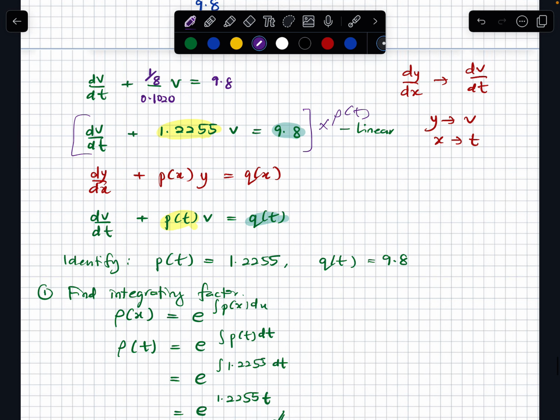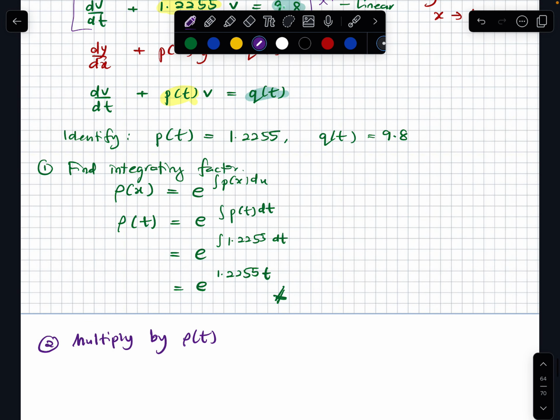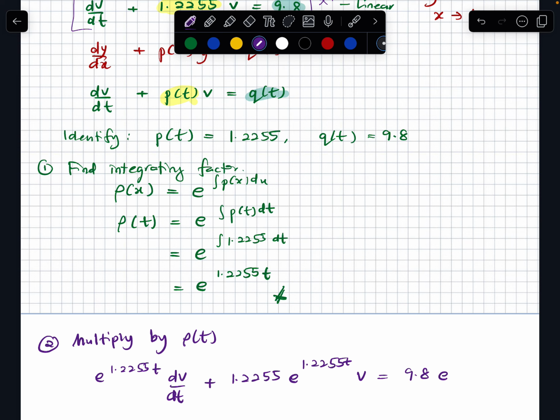Okay, so you can copy that, dv/dt plus, okay, let's multiply. So let's put the resulting result, which is e to the 1.2255t dv/dt plus 1.2255 e to the 1.2255t v equals this one.